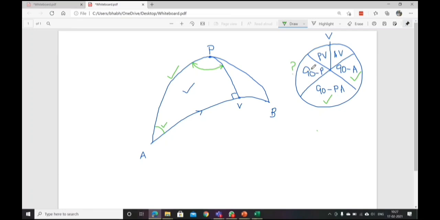Okay, 90 minus P. So once this angle P is known to us, we can easily calculate the longitude of the vertex. So you can apply the formula sine of the middle part. The middle part 90 minus PA is the middle part here, is equal to tan adjacent. One adjacent is 90 minus A, another adjacent is 90 minus P. And by applying that formula, you can find out angle P.